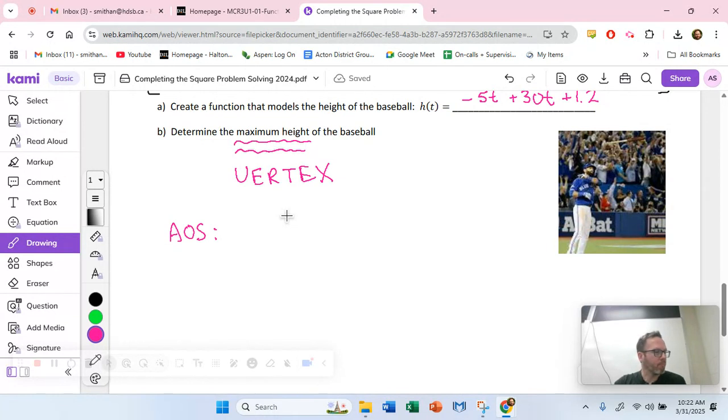Get you guys working. So the axis of symmetry will be at negative b over 2a, using t here for time. So this is going to give us the time when we reach the maximum height. If you want to jot down your a, b, c somewhere where you have space, we have a lot of it.